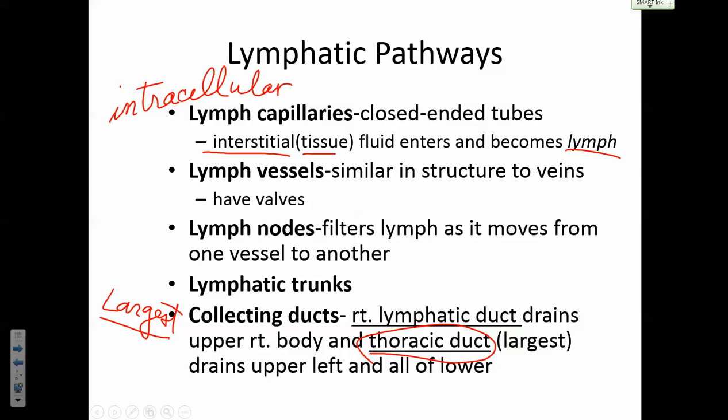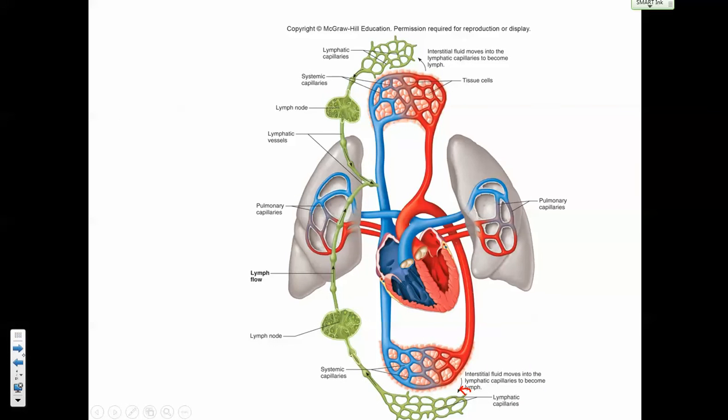Okay, so here you can see an overview of how the lymphatic system structurally is associated with your blood vessels. Here you've got a bunch of blood capillaries. As fluid moves out of the blood to supply your cells with their needs, a lot of it is going to move right back in, but some moves into a lymph capillary.